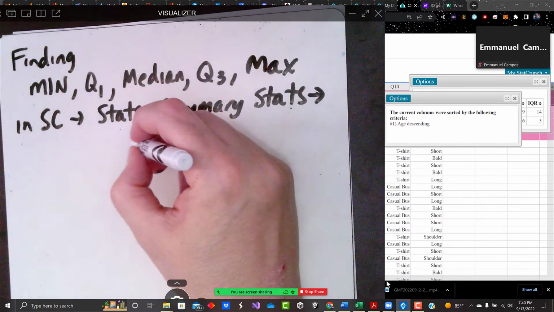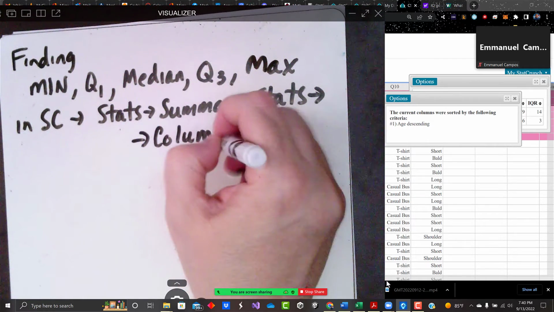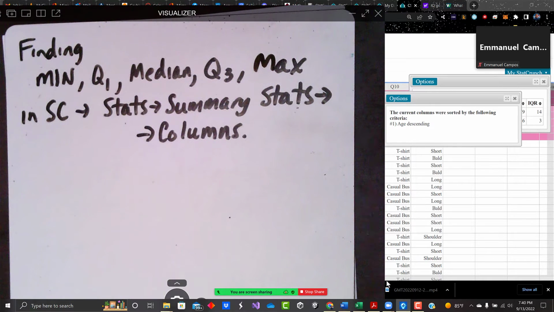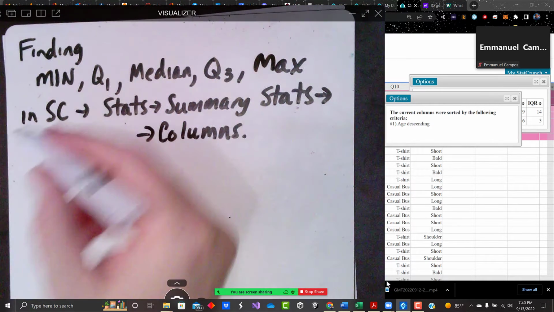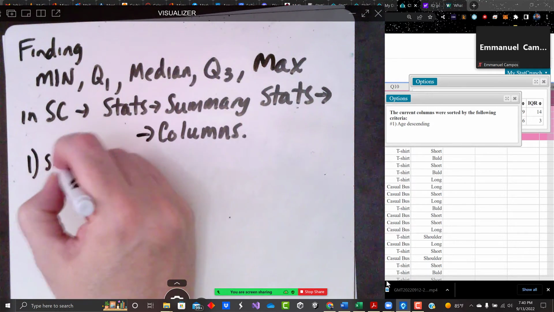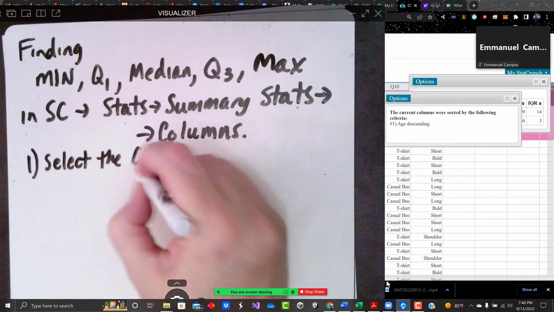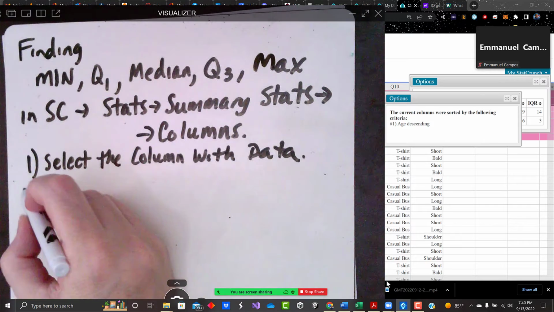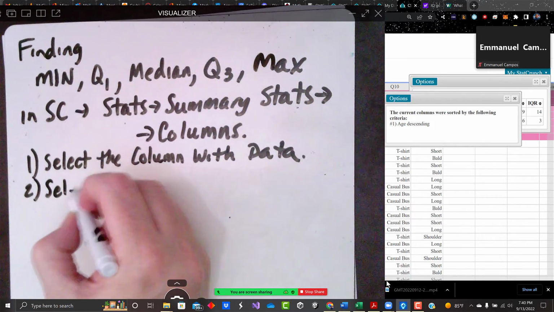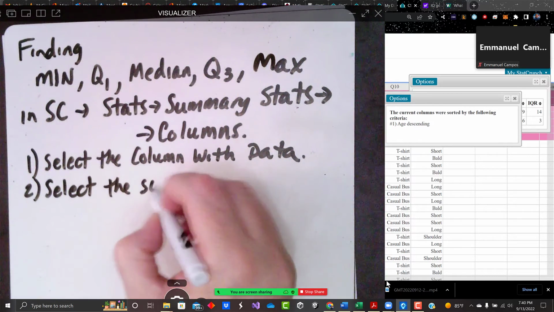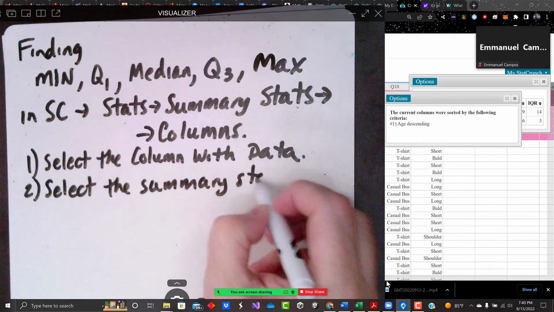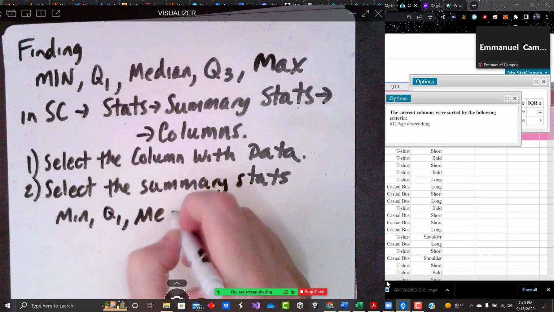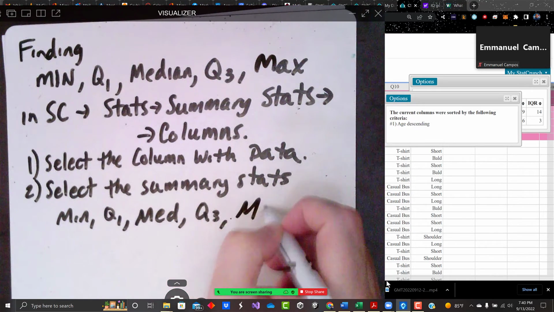And you should have your stuff sorted in columns. Step 1, select the column that has the data. Step 2, select the summary stats that you want in the box. In this case, min, Q1, median, Q3, and max.